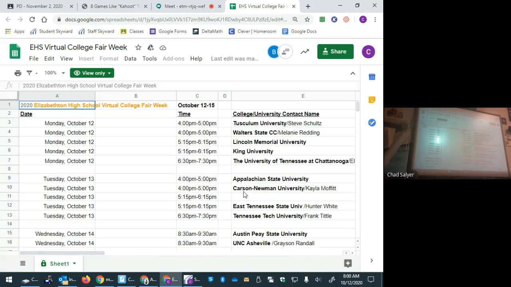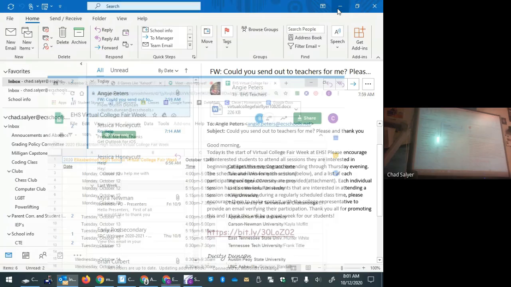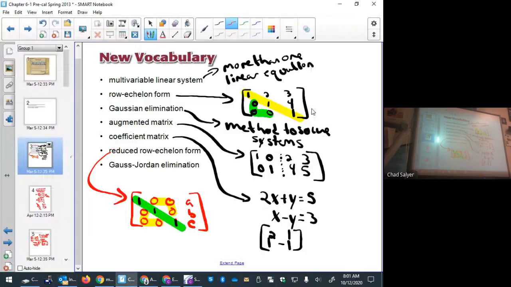Tomorrow, Appalachian State, Carson-Newman, East Tennessee State, and Tennessee Tech. If you're interested in attending any of those colleges, the admissions personnel will be present on the Zoom meeting to talk to them about the process. It can always help and never hurt to know those people.